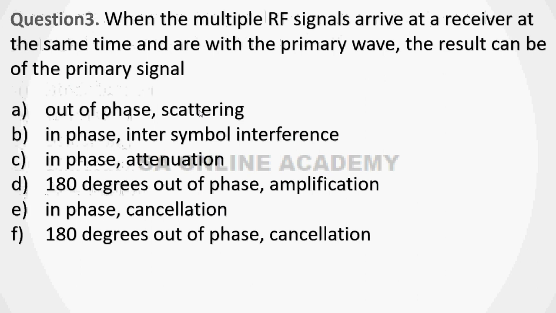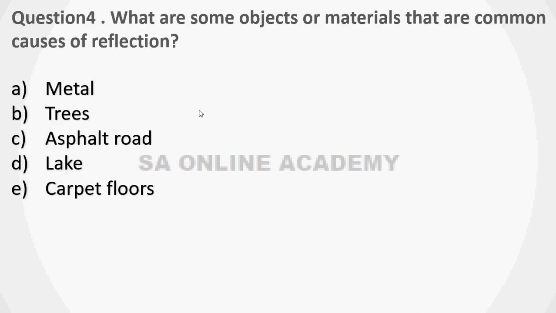When multiple RF signals arrive at a receiver at the same time along with the primary wave, the result can be of the primary signal. What are some objects or materials that are common causes of reflection?